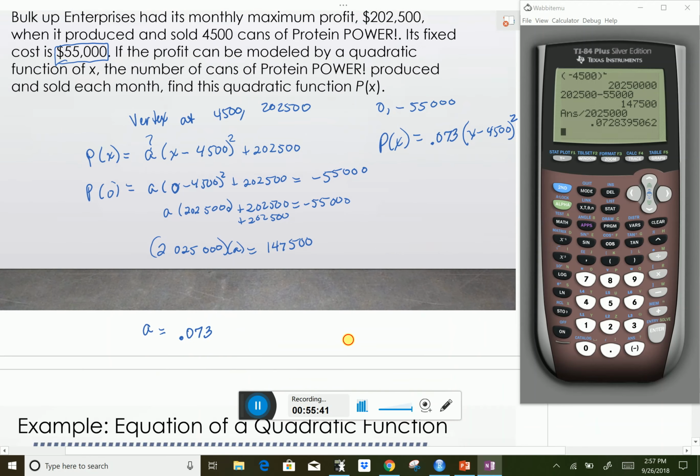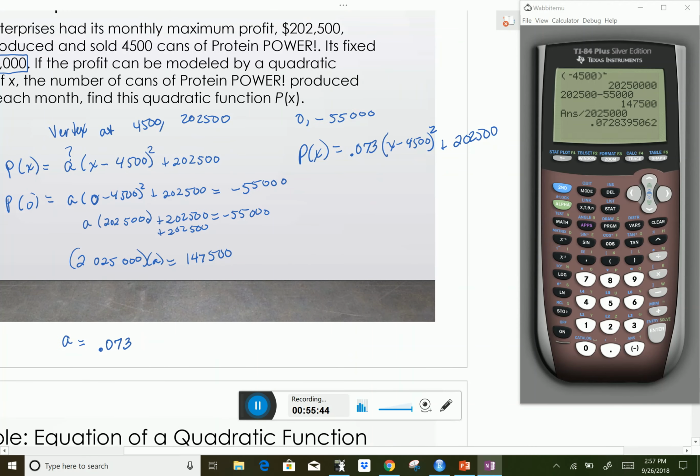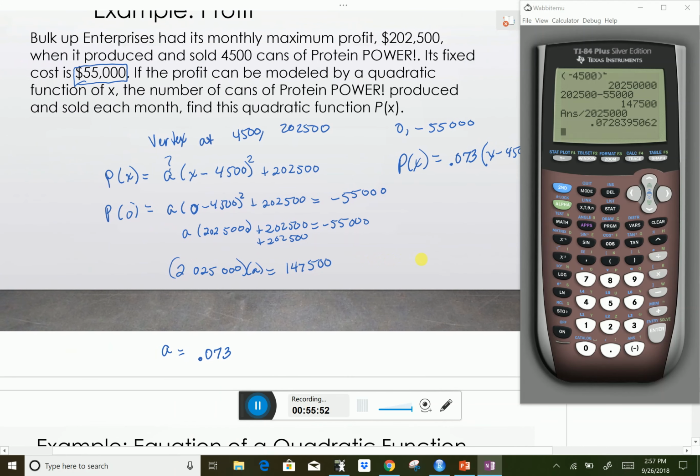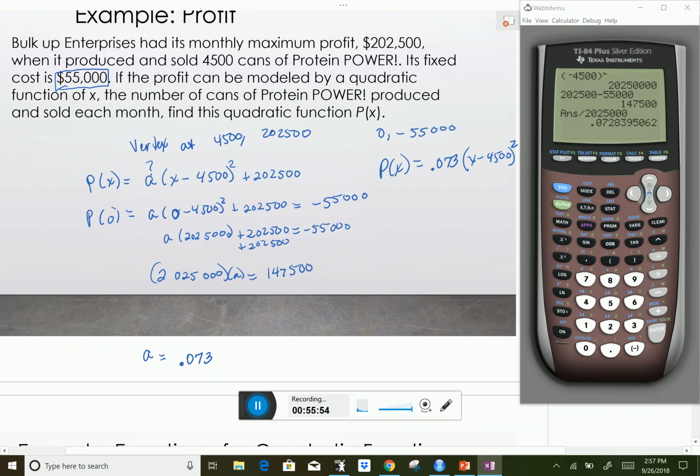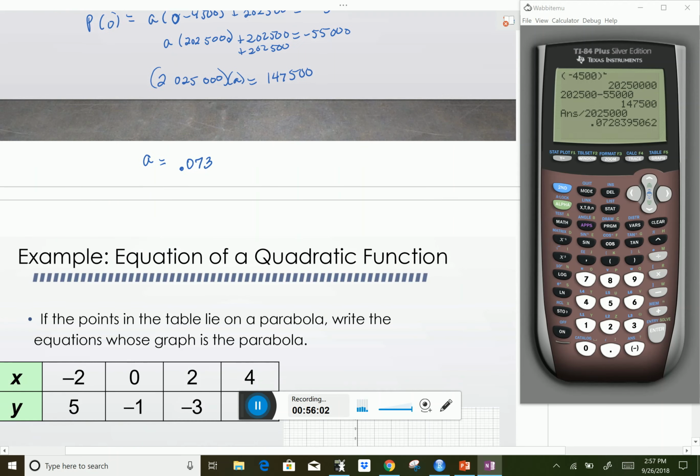And there we go. And that's our profit function. Something I don't like about it. No, that's probably right. That looks good. Okay.